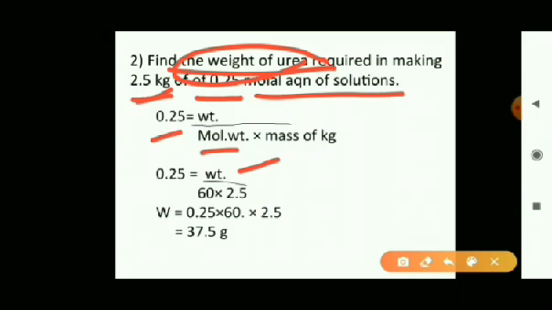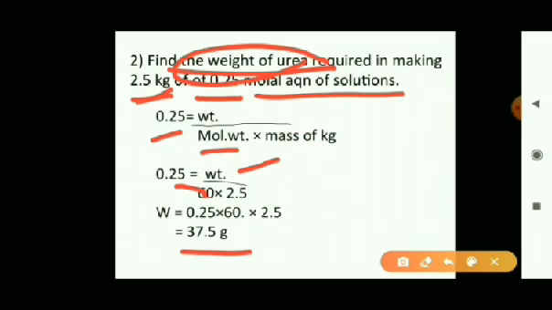Now to find the weight, we cross multiply: 0.25 into 60 into 2.5. You will get the answer when you multiply this, that is 37.5 gram. Weight of what?